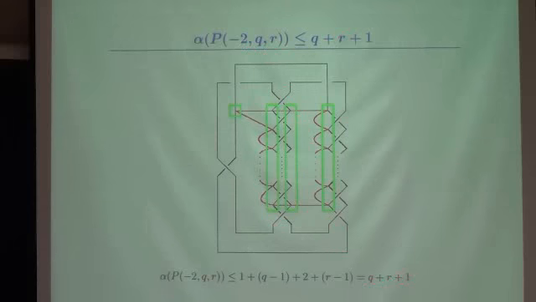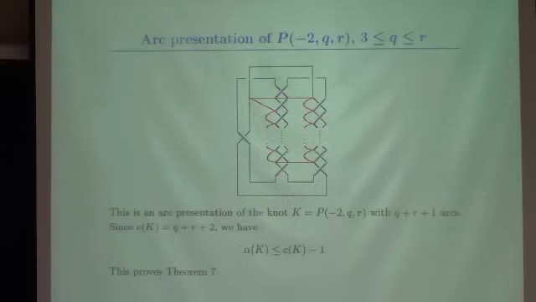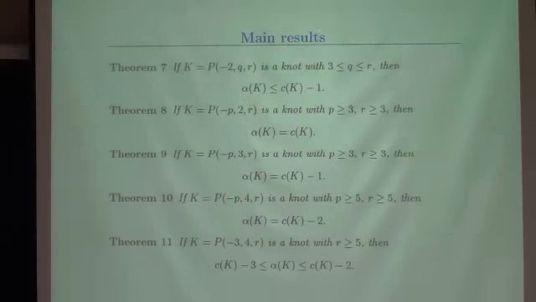So it's one less than the number of crossings. Okay. So this counting gives the proof of theorem 7, this first one. We were not able to find the lower bound for this case.